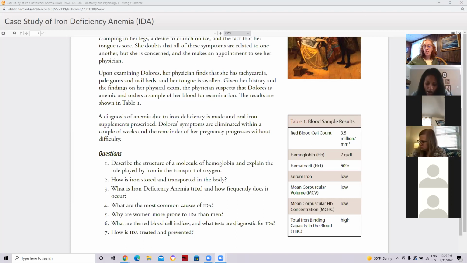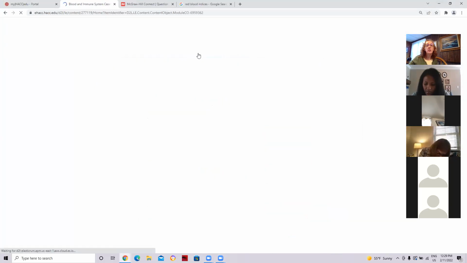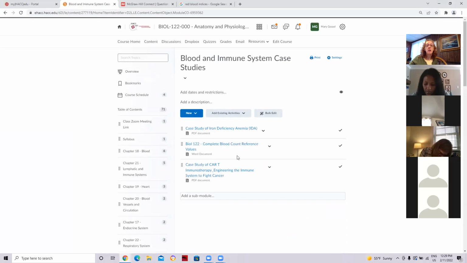So now, if we have these numbers and we don't know what they mean, there's a really great chart. So we click out of this, and right here is our complete blood count reference, because that's how they assess those results.